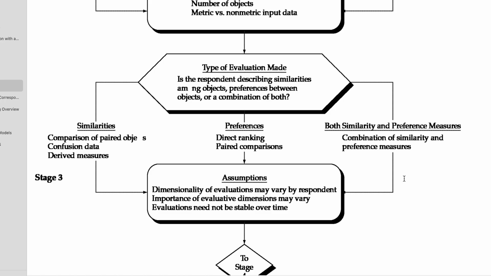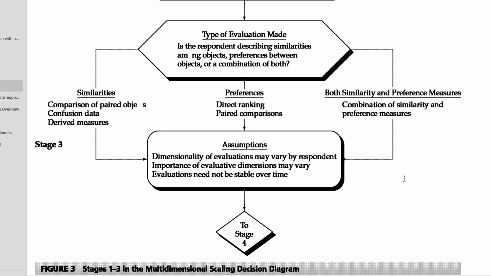If we talk about the preferences: direct ranking and paired comparison. That will become the assumptions. Dimensionality, and we call it stage 3, of evaluation may vary by respondent. Importance of evaluating dimensions may vary, and evaluations need not be stable over time. If we talk about both similarities and preferences measurement, it is the combination of the similarities and preferences measurement.